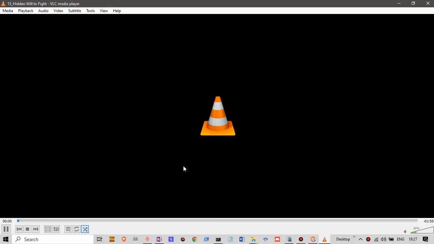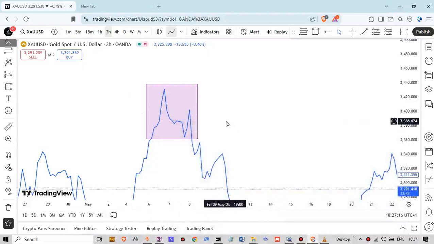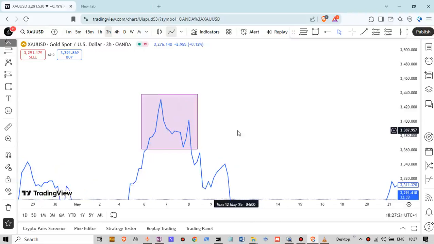All right, so now you would also observe that at this point in time, you can see that when price reached this spot, it came down, it went up, but not above this topmost level.